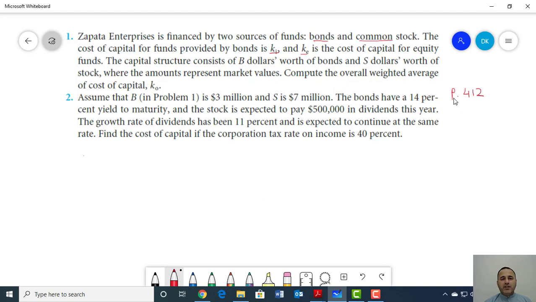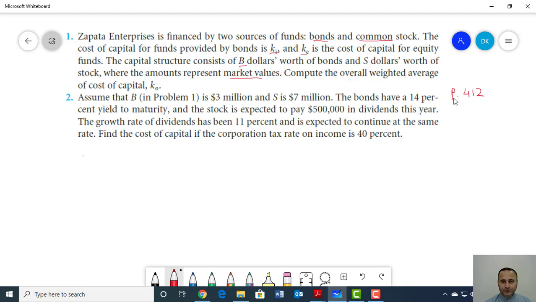The capital structure consists of B dollars worth of bonds and S dollars worth of stocks, where the amounts represent market values. Compute the overall weighted average cost of capital. Now this is a very super easy problem. Everything is given in letters, so we have to derive a formula for that.